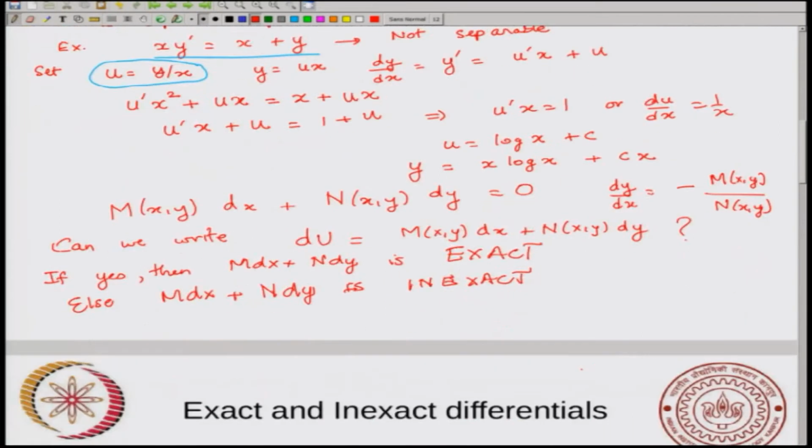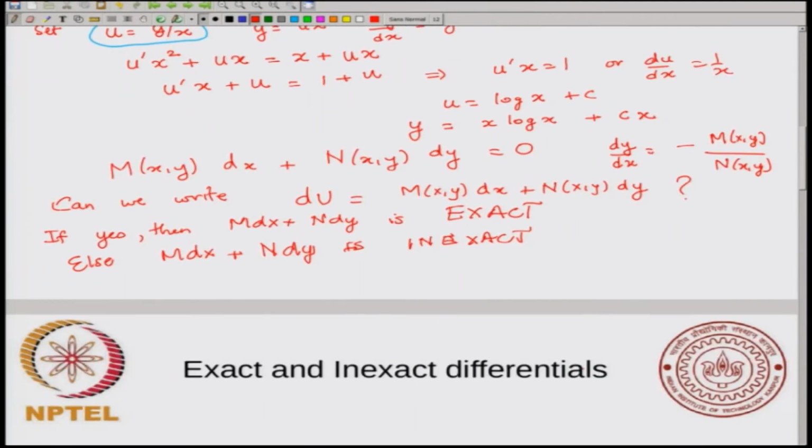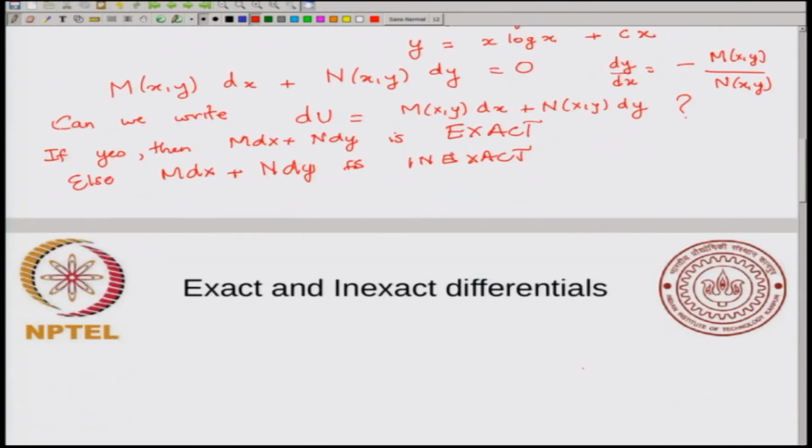So, this is the basic idea of exact and inexact differentials: if you have this differential equation, you want to write this whole differential on the left as du. That is what we want to do, and we ask, can we do it? If you can do it, then you say that it is an exact differential. If you cannot do it, you say it is an inexact differential.